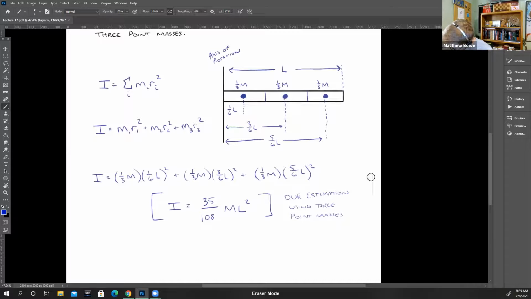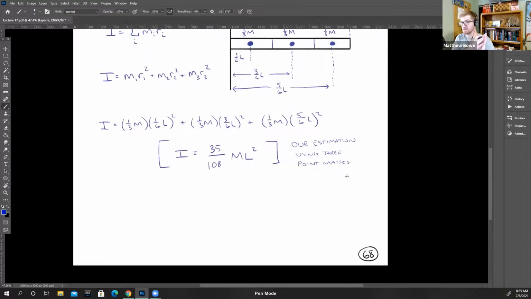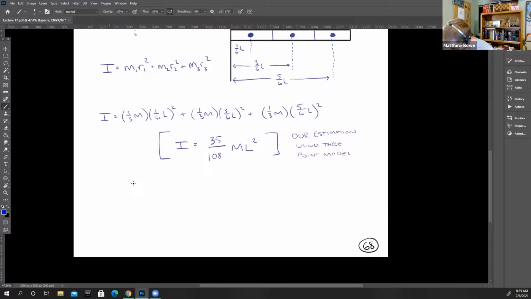You might know where this is going. For anything that is continuous, we're going to need to integrate over some sort of range. So let me put that down here at the bottom. For a continuous object, I'll just underline it like that.